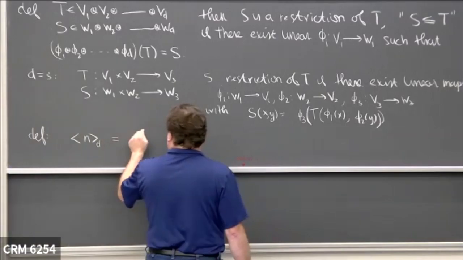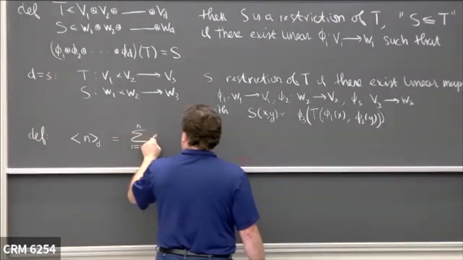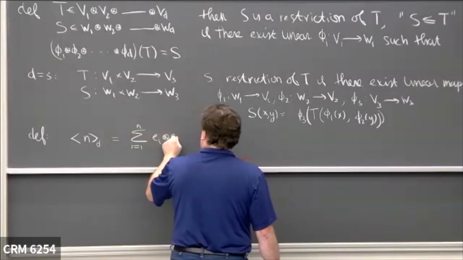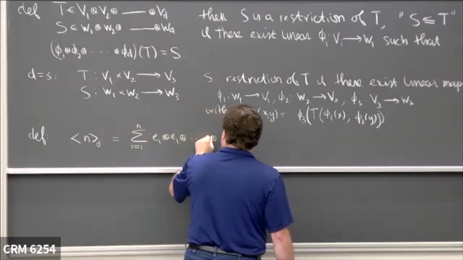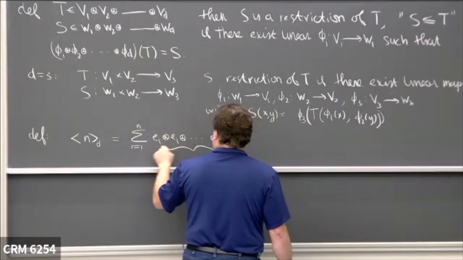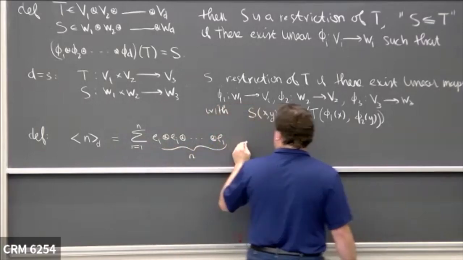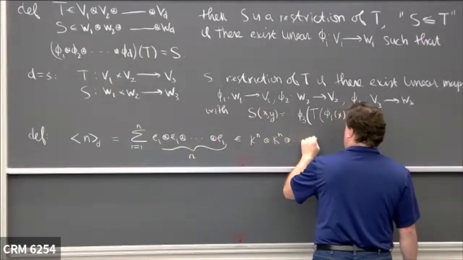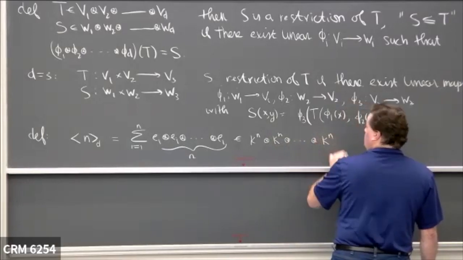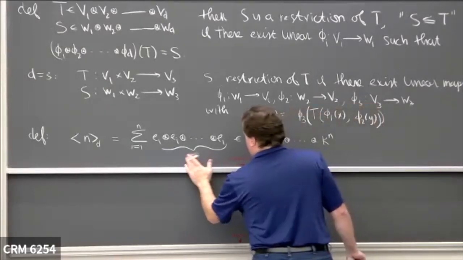This is basically the sum for i from 1 to N of e_i tensor e_i tensor ... tensor e_i, where we have D factors. This is a very special tensor.